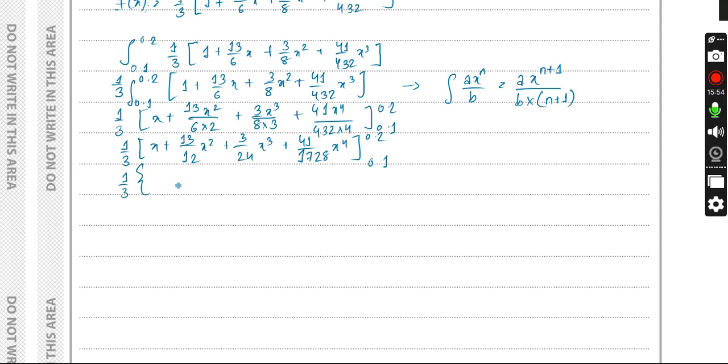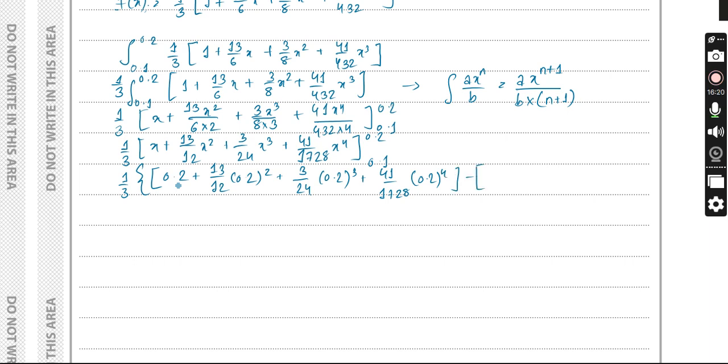And this would be 0.2 plus 13 by 12, 0.2 squared, plus 3 by 24, 0.2 cubed, plus 41 by 1728, 0.2 to the power 4.